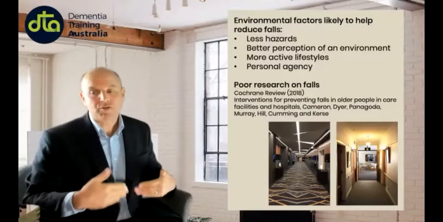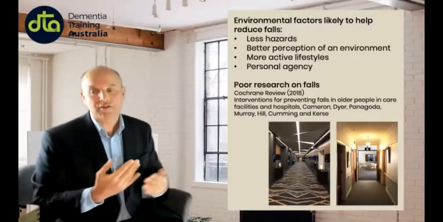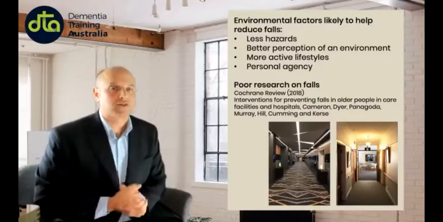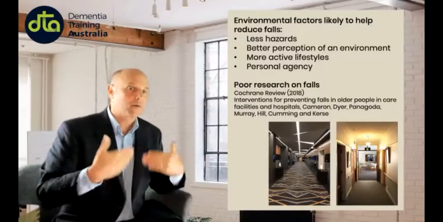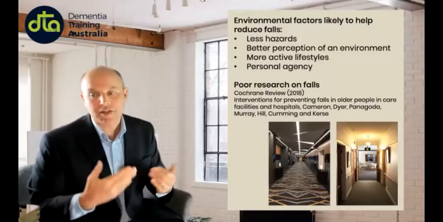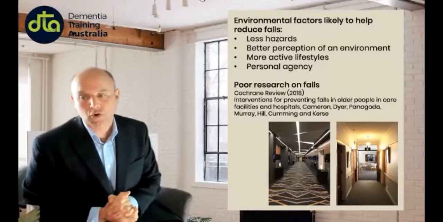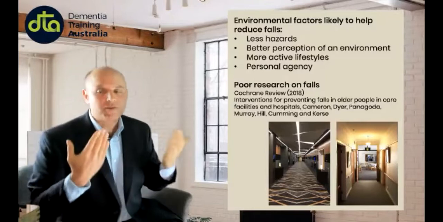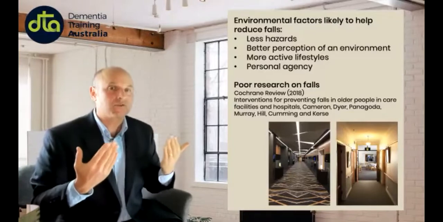But what I want to focus on more is, beyond those hazards, how can we do things which will affect somebody living with dementia? And in a moment, I'm going to talk a bit more about dementia and how it affects people. So the three issues I'm going to come back to through this talk are, first, that better perception of the environment is central to our function.